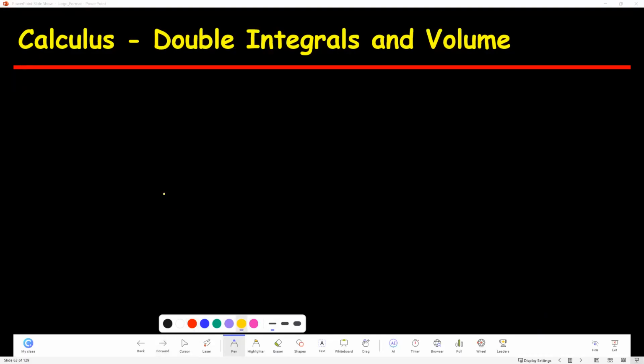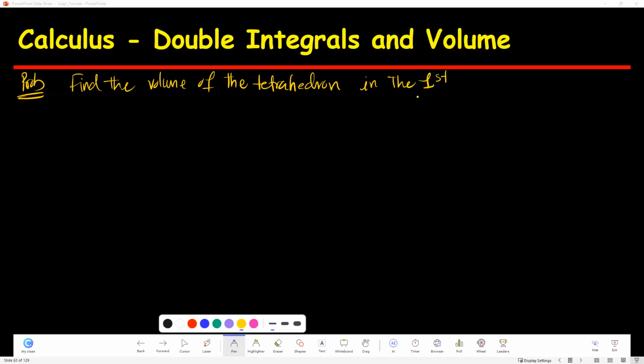Let's take another kind of example. Find the volume of a tetrahedron in the first quadrant.